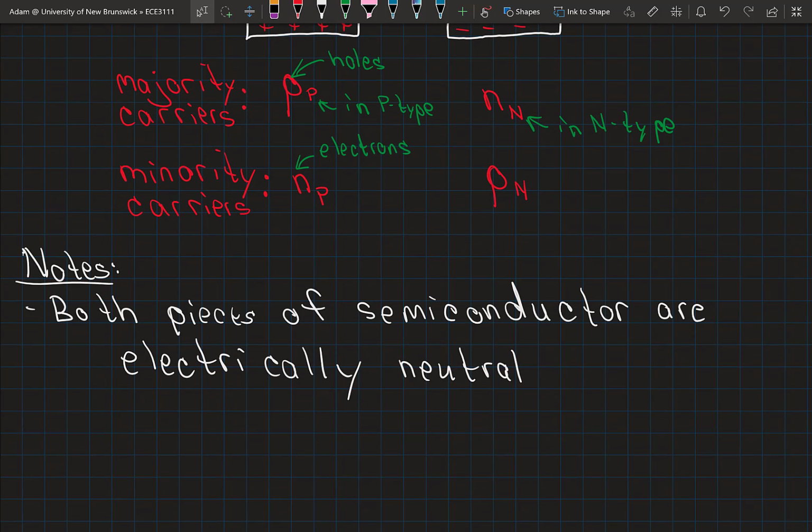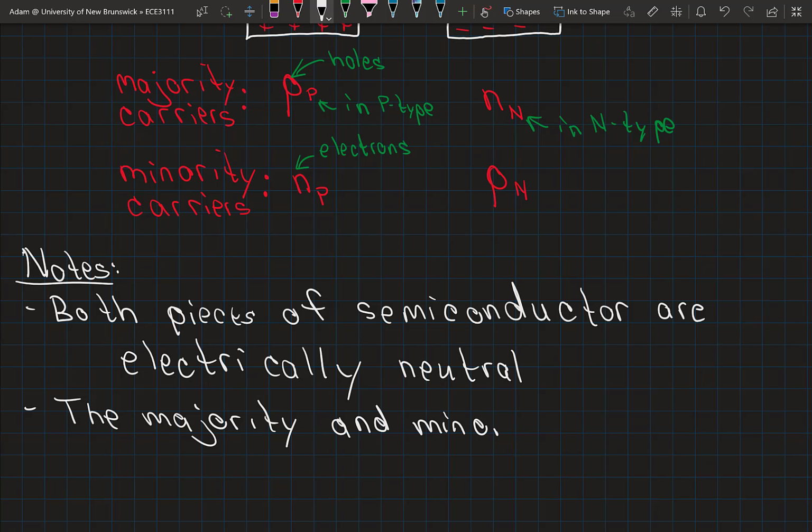Okay. Another thing to note is that the majority and minority carriers are distributed uniformly throughout the material.